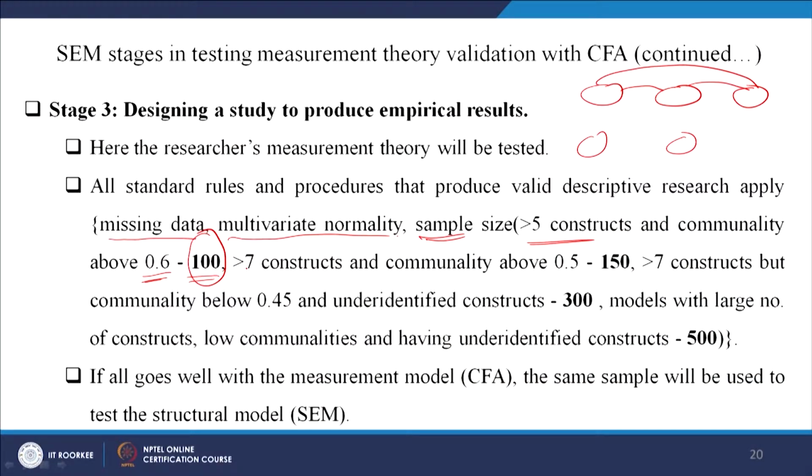But if the number of constructs is equal to or less than 7, and the commonality is above 0.5, that is moderate, then you need 150 sample size.